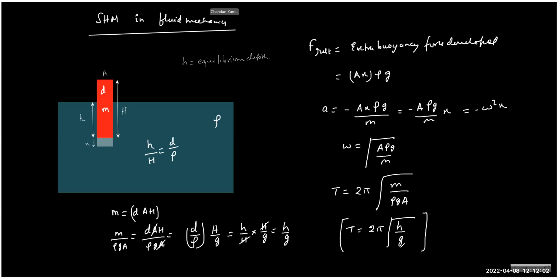Understood? Yes, understood. So now you may get an oscillation of liquid in tubes. You can draw any shape of tube.